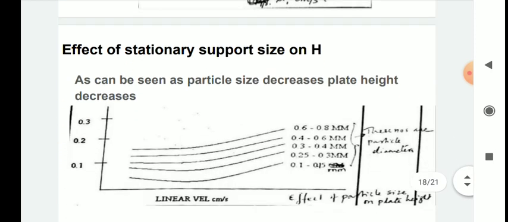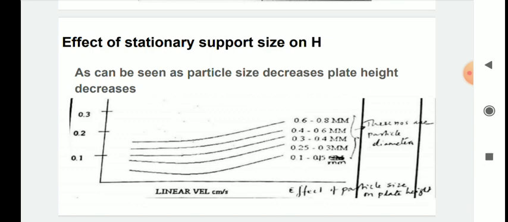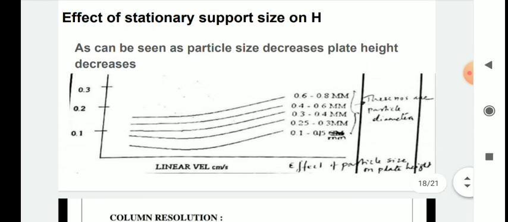Now what happens if you decrease the stationary support size? This is shown in the diagram. As the particle size of the stationary phase is decreased, you will find that the plate height decreases. You can see in the diagram, various particle sizes give various curves of h against linear velocity, and the smaller the particle size, the smaller are the h values.